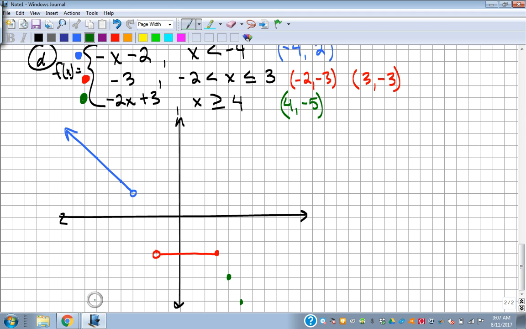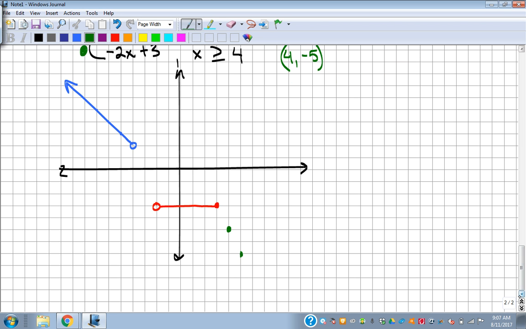I could continue that if I needed to. I'm out of space. But go ahead, JP. What's that? Like on the left side? What do you mean? Well, this one's going down. This piece right here is pointing down and to the right because the slope is negative 2.